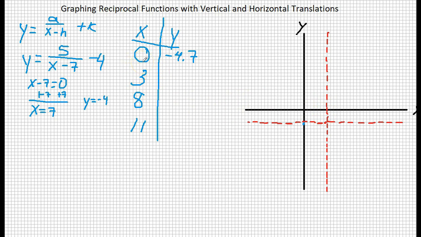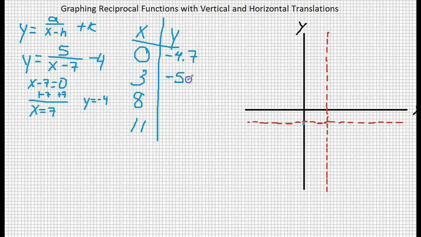Now let's try positive 3. Well, 3 minus 7 gives you a negative 4. So I have 5 divided by negative 4, and then I subtract 4 from that. That gives me negative 5.25.